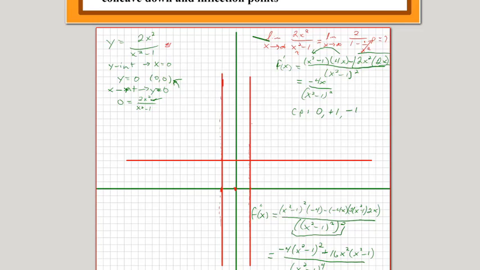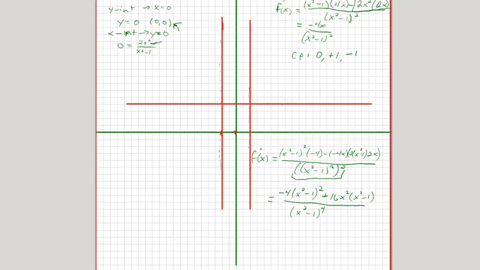Since my graph is already split up in those ways, I can plug these critical points in and see what kind of second derivative I get. So f double prime of x, let's go 0 first. On the bottom, of course, you get a positive. Here you get negative 4 times a positive number.